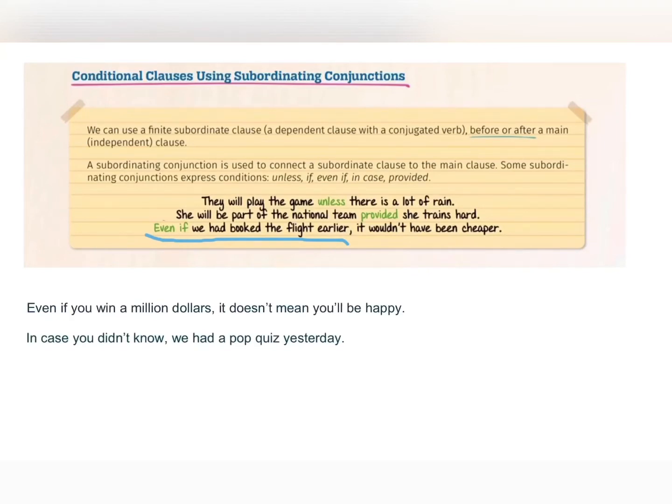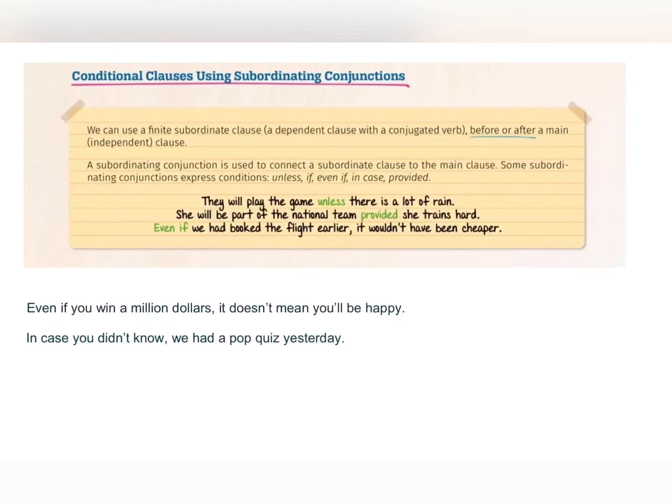And then the second part, it wouldn't have been cheaper, could be a sentence on its own. So as you can notice, you could flip the clauses around and play around with that as long as you have a clear independent clause and a clear dependent one. And also you are always meant to identify your subordinating conjunction, which in this case is even if.